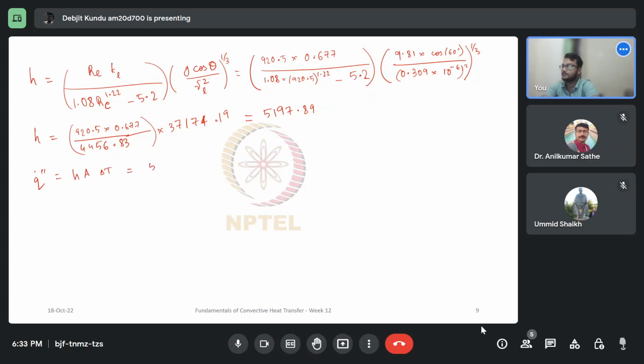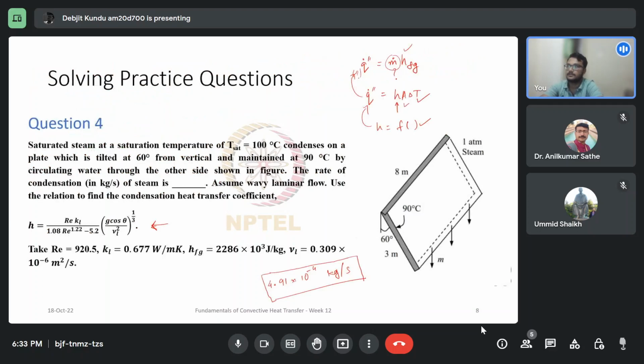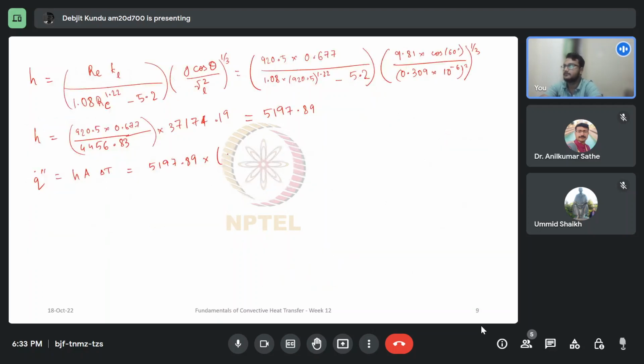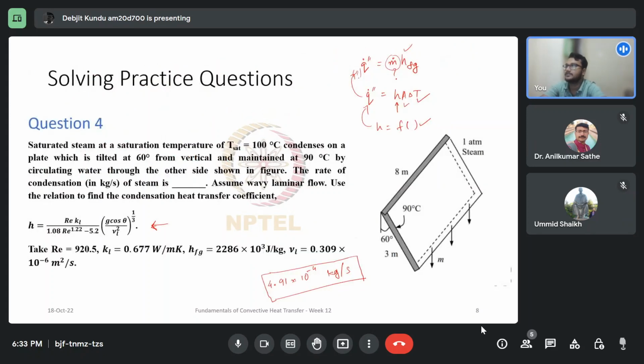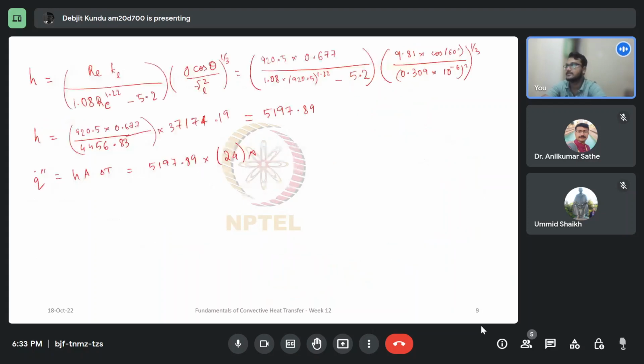Now H we found out to be of this value. The area is 8 meters into 3 meters, it's 24 meters square. And temperature difference is this: this inclined plate was being maintained at 90 degrees Celsius, and the steam outside was at its saturation temperature of 100 degrees Celsius.